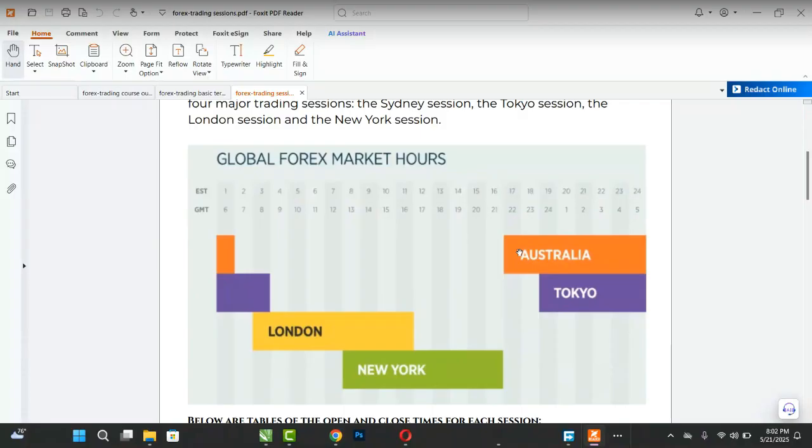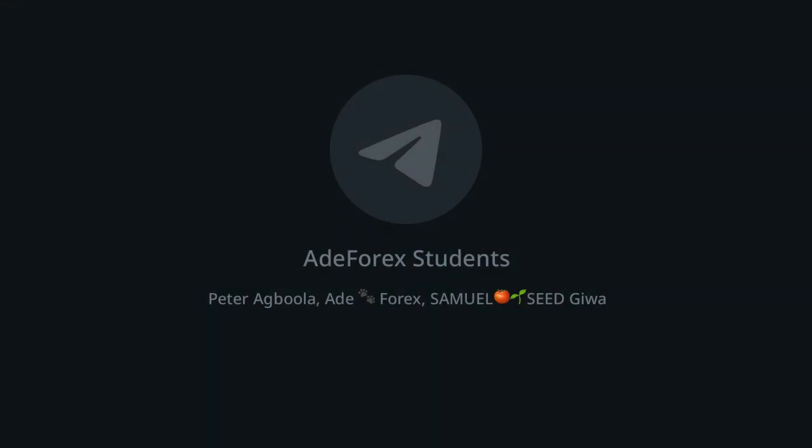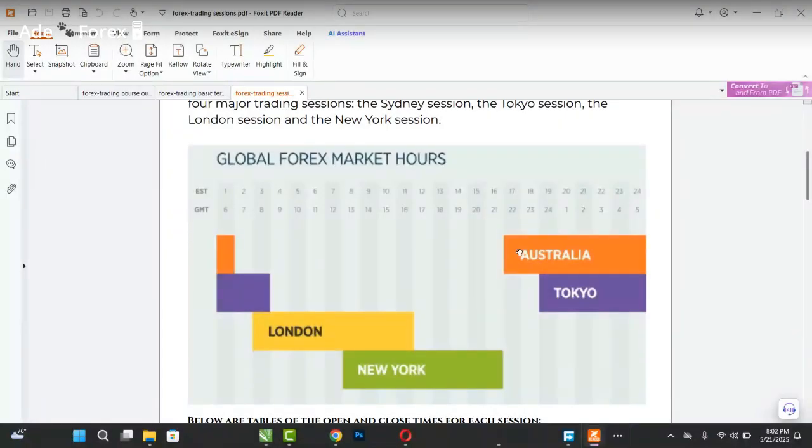Then the US dollar is around 1 p.m. You understand? In that kind of situation, you will look at the opening of both sections, and one currency will outweigh the other. You cannot compare the economic volume that will happen in the New York section, which is the US dollar, to the economic volume that will happen in the Australia section.